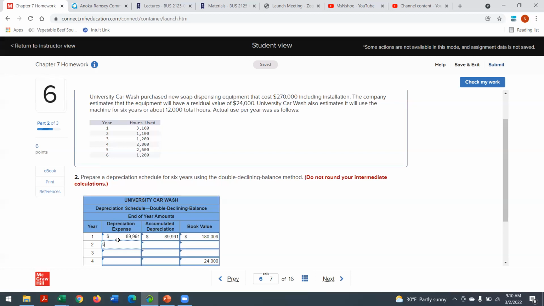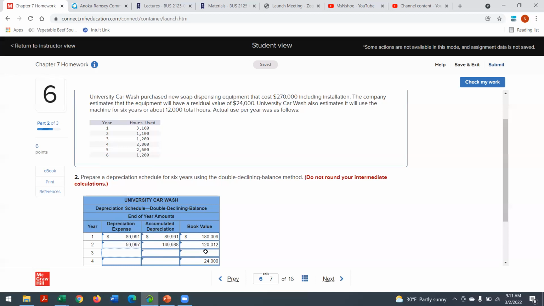So in year 2, we would get 59,997 in depreciation. 59,997 plus our 89,991 means our accumulated depreciation at the end of year 2 is 149,988. Subtract that from our 270,000 means our book value at the end of year 2 is 120,012.